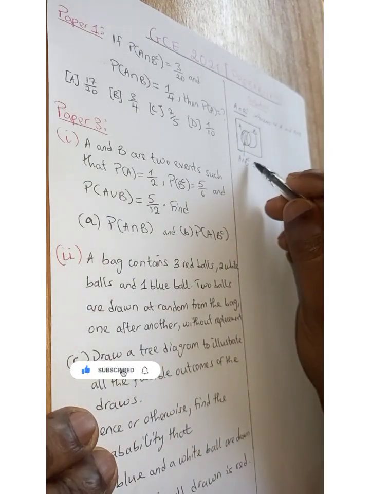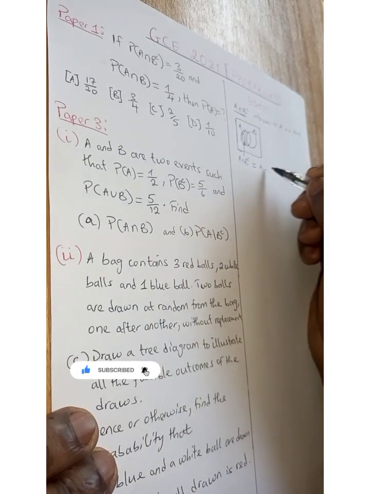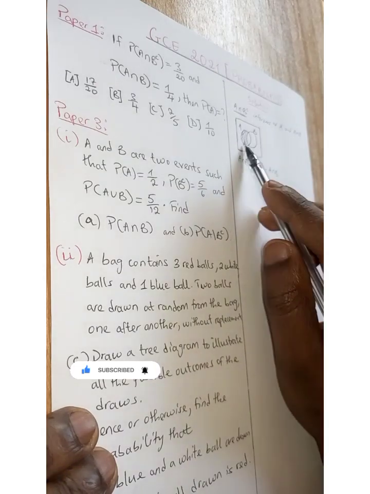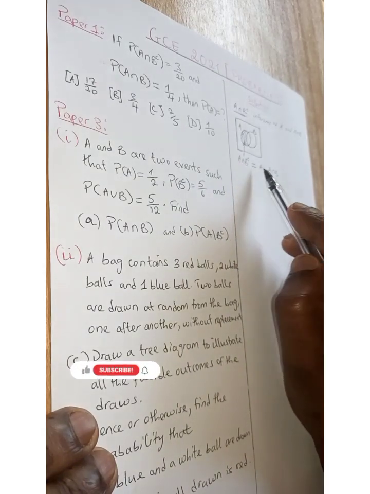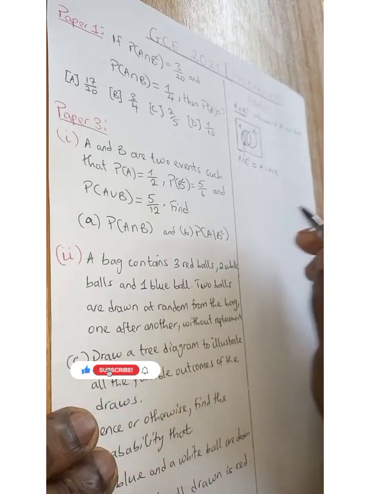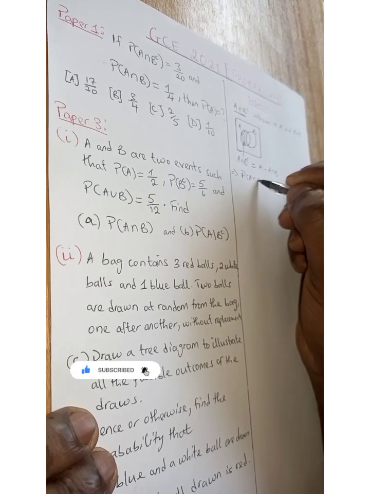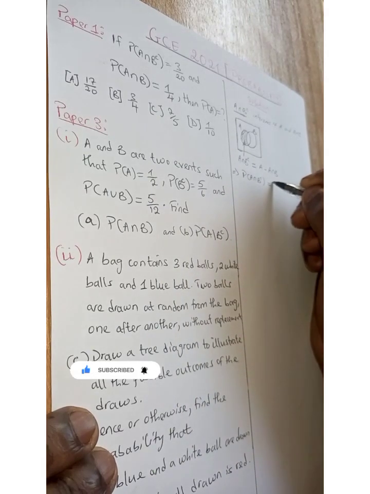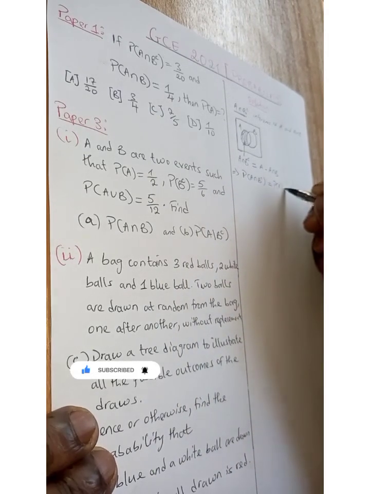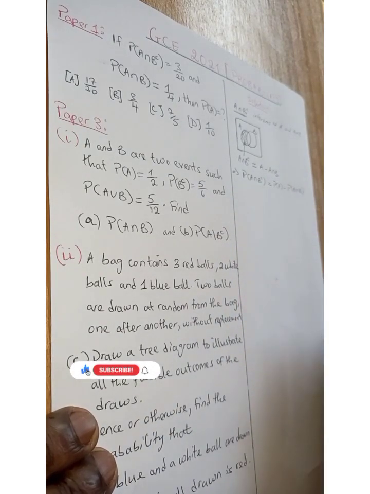So I can write A intersection B complement as A minus A intersection B, which, taking the probability of both sides, gives us the probability of A intersection B complement as the probability of A minus the probability of A intersection B.